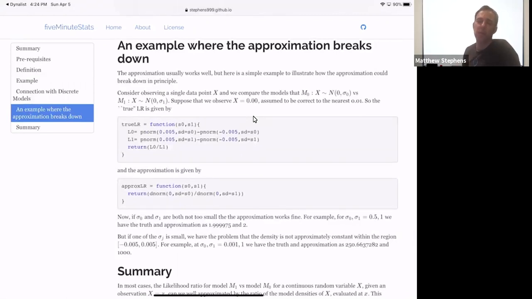Most of the time, it's just fine to plug densities into likelihoods and use densities instead of probability mass functions when you're working with continuous data. But this essentially explains why that's okay. And I think it's a good idea to understand what's going on under the hood when you're doing that, and to be a bit careful if you do see densities that are going off to infinity, for example.